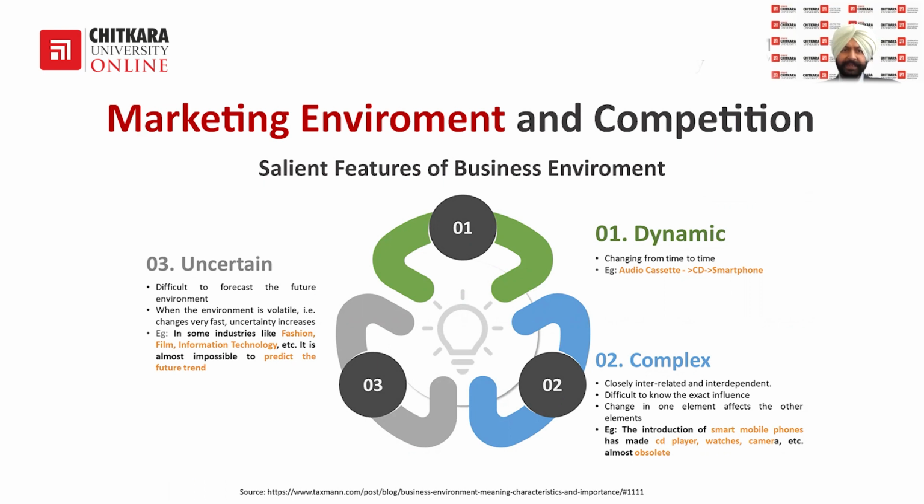Now, let's look at the salient features of business environment. The business environment is very, very dynamic. We are living in a VUCA world, which is volatile, uncertain, complex, and ambiguous. Things keep on changing all the time. We've seen overnight there's a change, there's something new in the market.